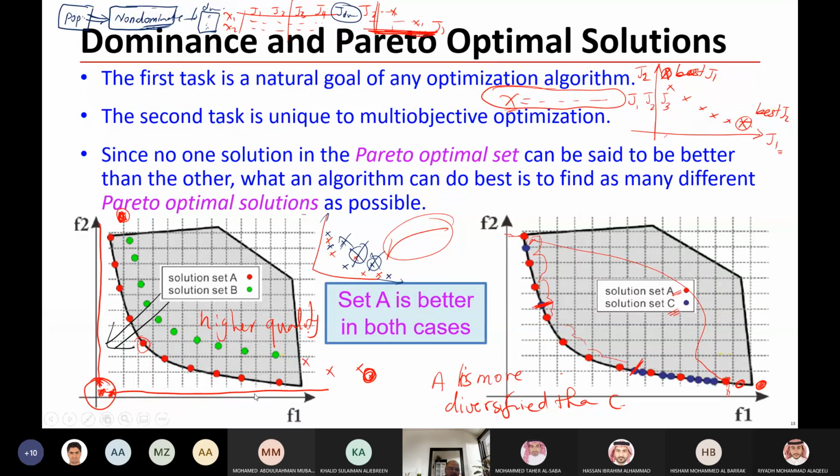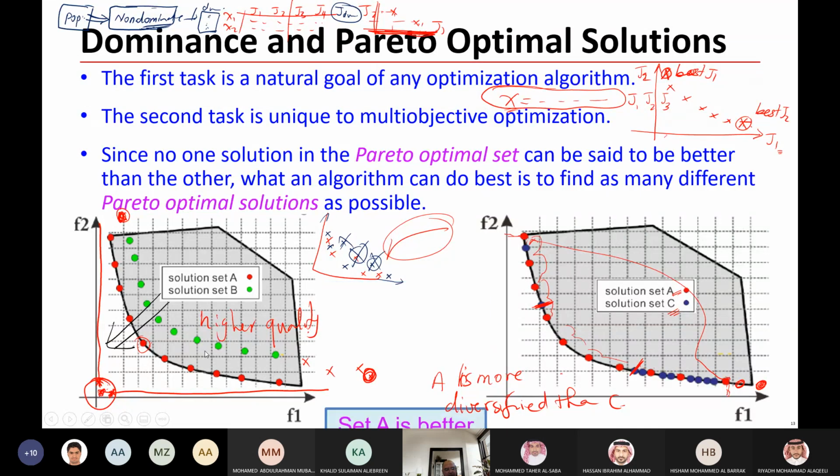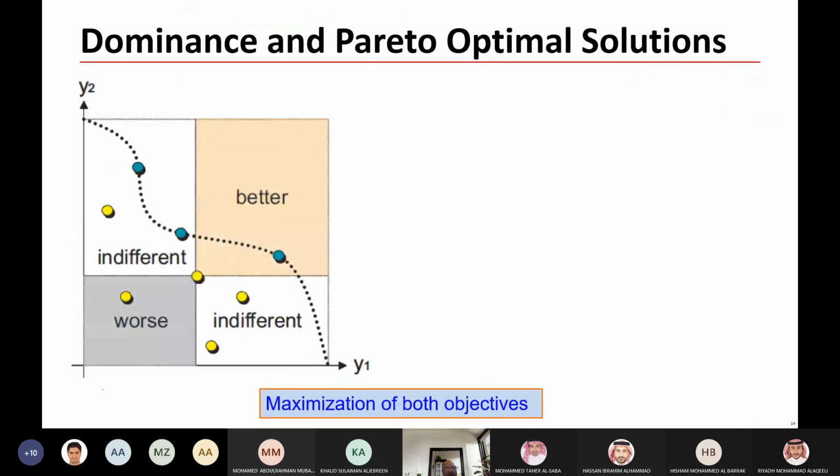For maximization problem, the things are flipped. As you can see here, we have 7 solutions, 1, 2, 3, 4, 5, 6, 7. In maximization problem, we need to push in this direction. So the blue solutions here are the Pareto optimal front.